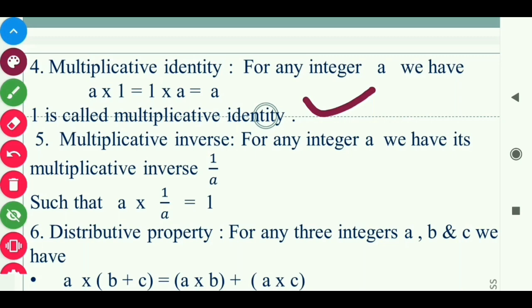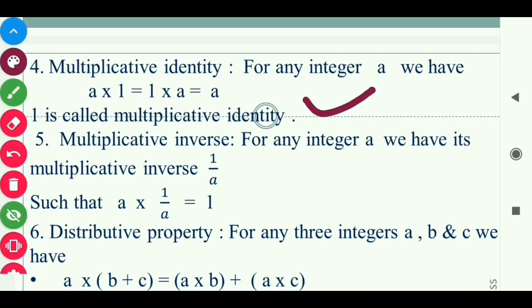Means 1 is such a number on which multiplication with any integer gives the integer itself. I have commuted it also, a into 1 is equal to 1 into a. So 1 is called the multiplicative identity, because on multiplying an integer with 1, the result is the integer itself.